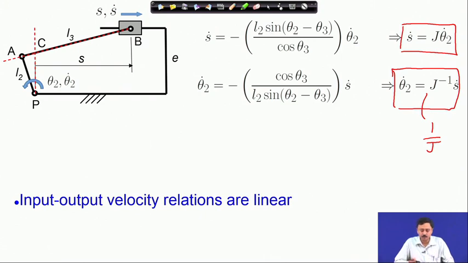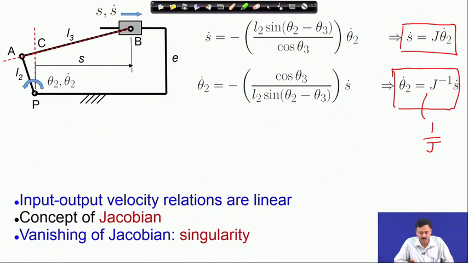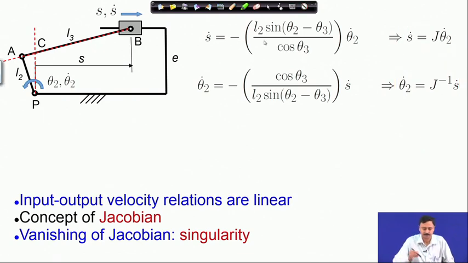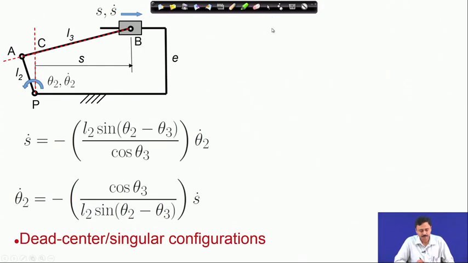Again we find that the input output velocity relations are linear, and we have introduced this concept of Jacobian, and vanishing of the Jacobian implies singularity, and this is what we are going to study next. So, singularities again take us to the dead center configurations. So, let us understand these singularities.